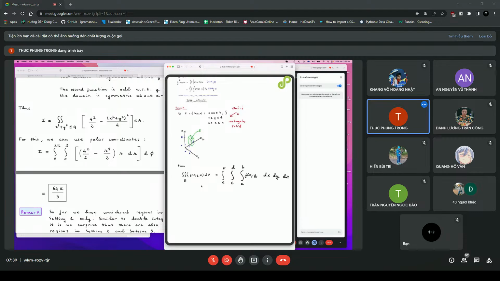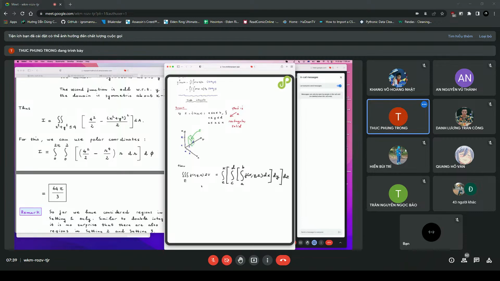If you would like, you can put some square brackets right here to make it better. So you have something like this if you want.